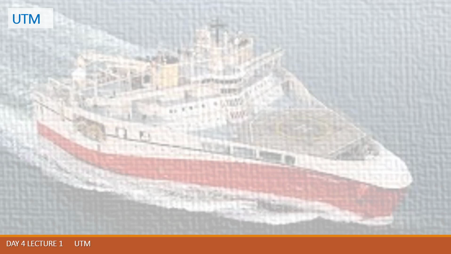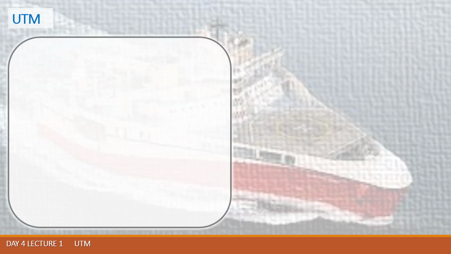In this projection we have some main attributes and we are going to discuss some of them. The UTM projection is prepared from 84 degrees north to 80 degrees south.